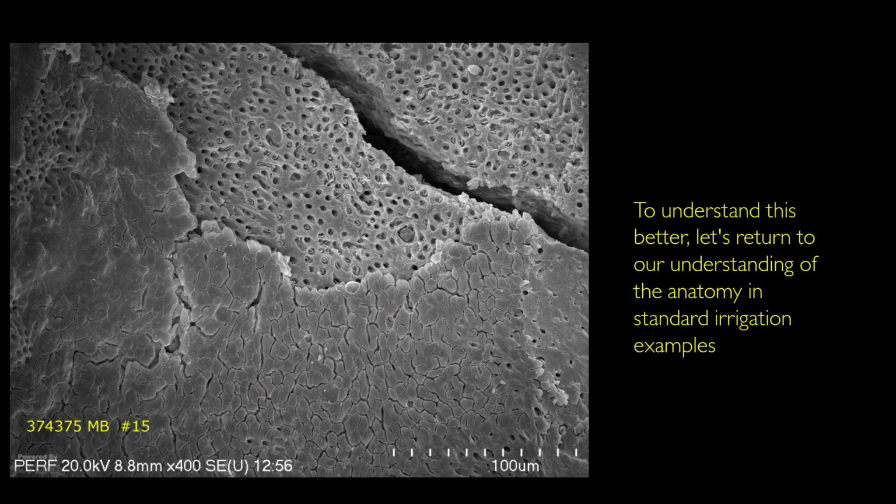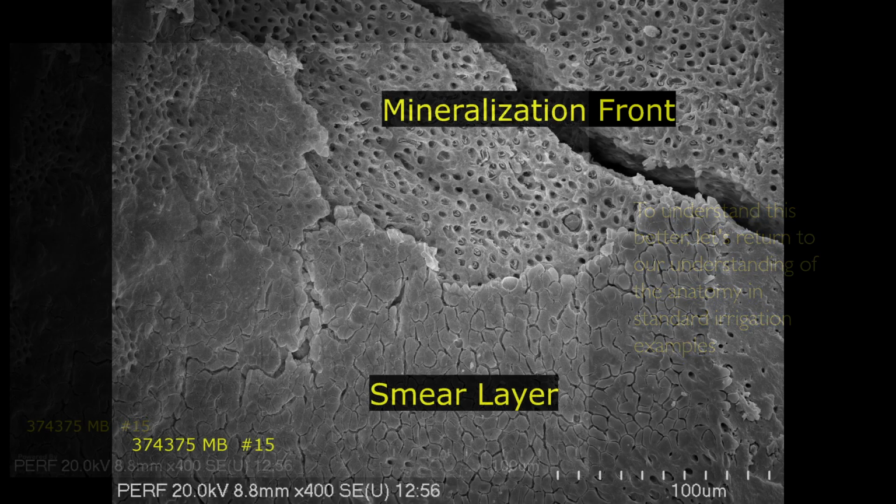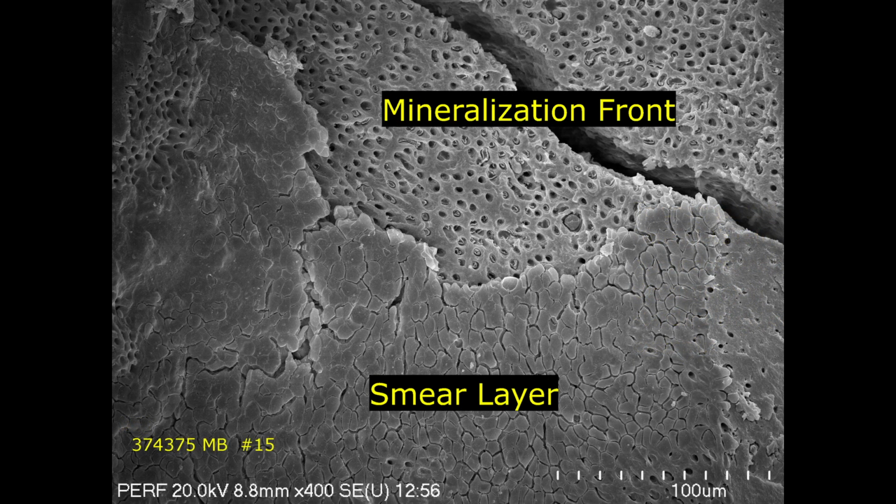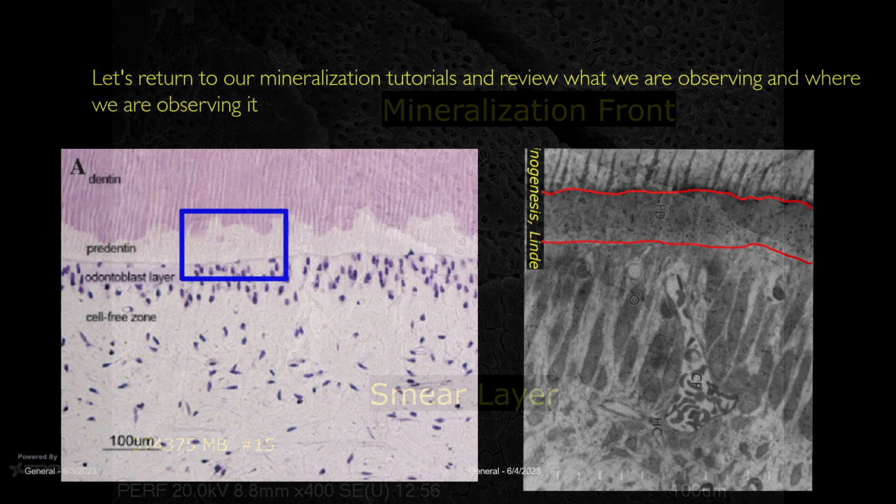To understand this better, let's look at traditional irrigation cases where we have a smear layer that overlays the mineralization front, and in traditional cases that smear layer is demineralized and removed by our irrigants.